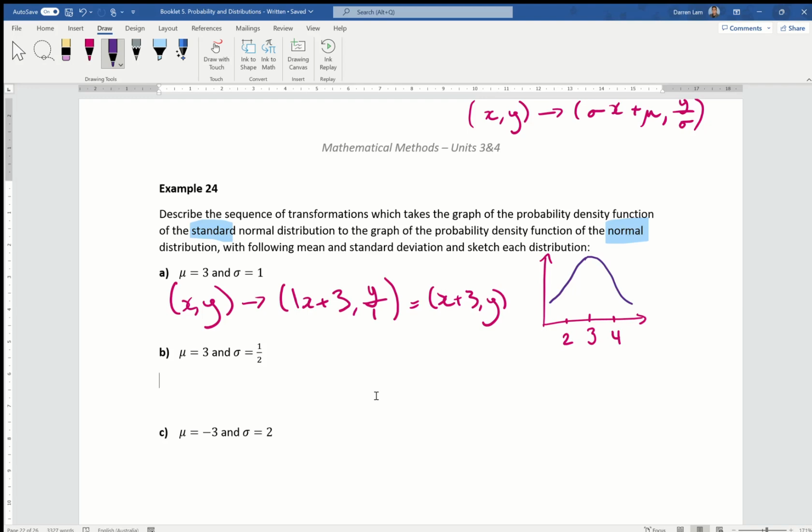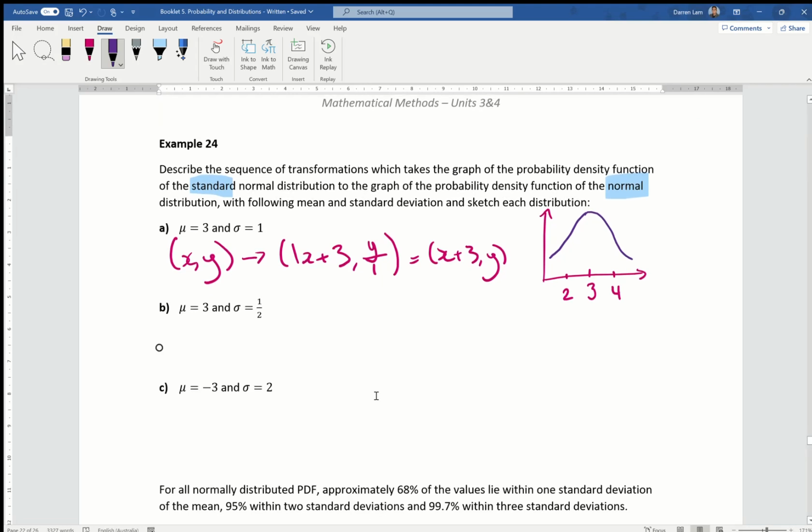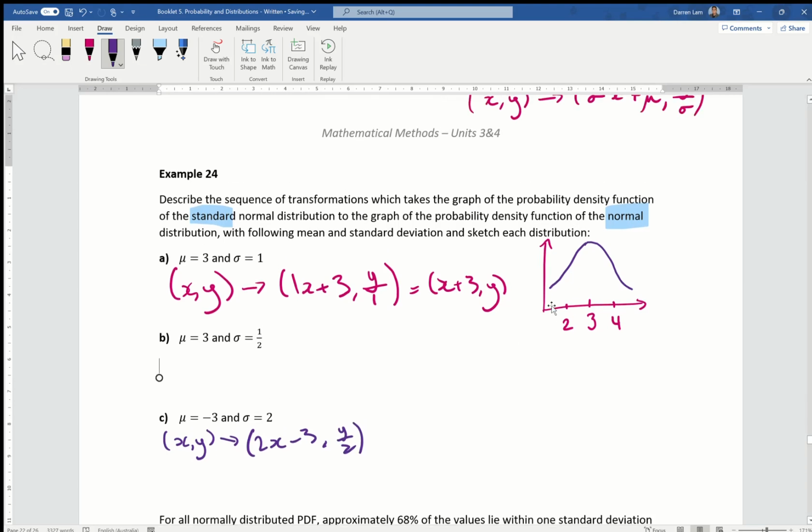But before we do that, I want to jump to question 24C and see what happens when we have multiple changes in our variables. So again, I'm going to apply the same formula and define (x, y) going towards (2x minus 3, y over 2). So that's just applying the same formula from above, where we're substituting mu as negative 3 and sigma as 2.